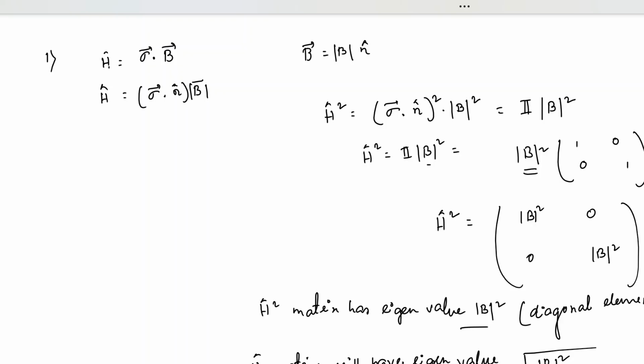So you are getting plus minus mod B as your Hamiltonian matrix's eigenvalue. This is your final answer.